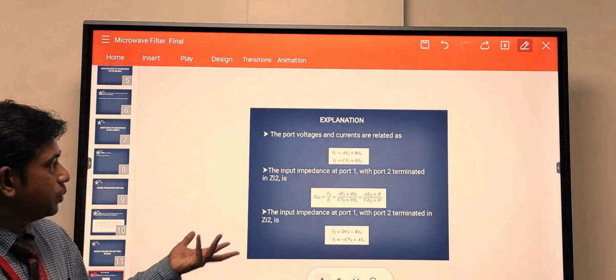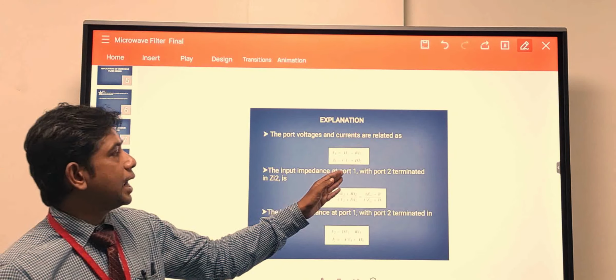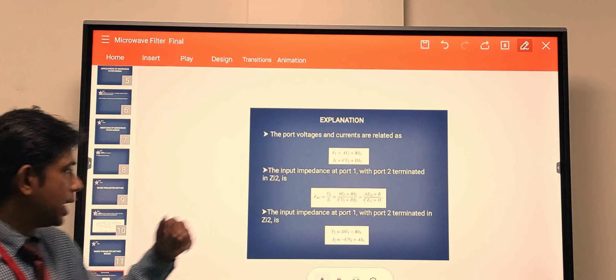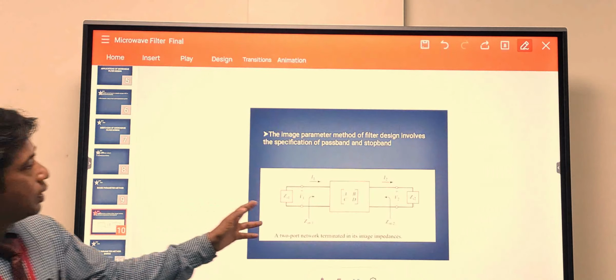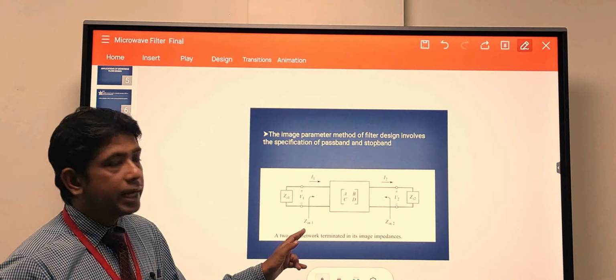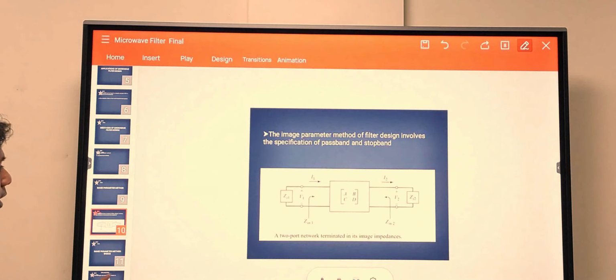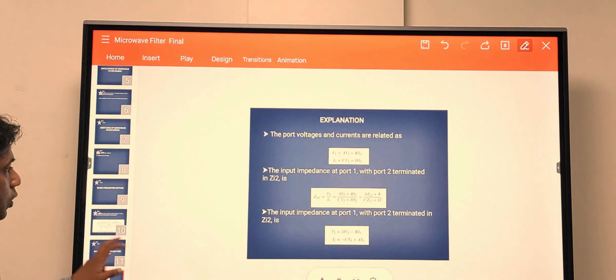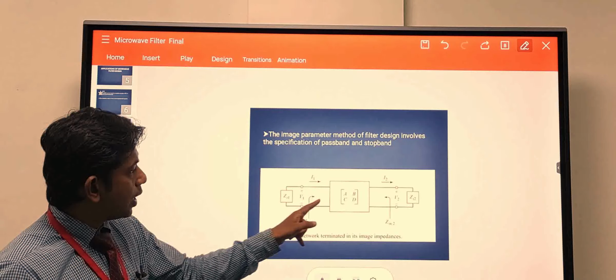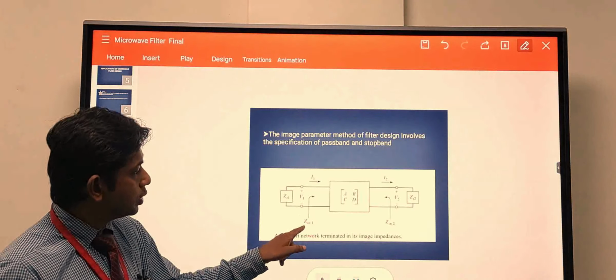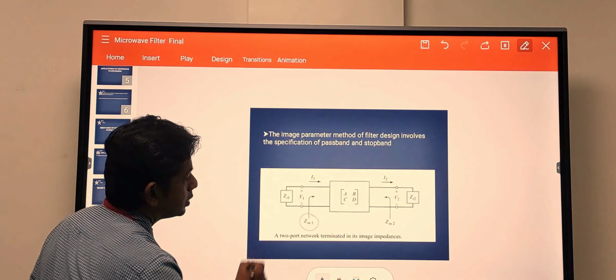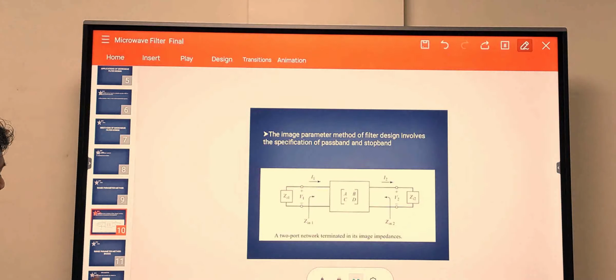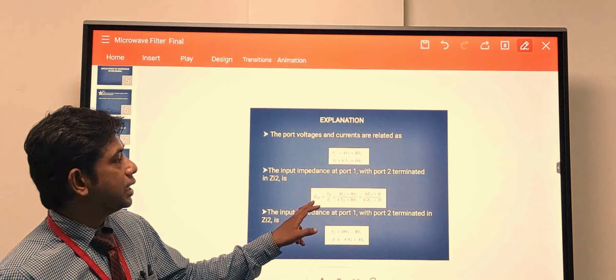In the next step, the input impedance at port 1 with port 2 terminated in ZI2 is nothing but Zin1.